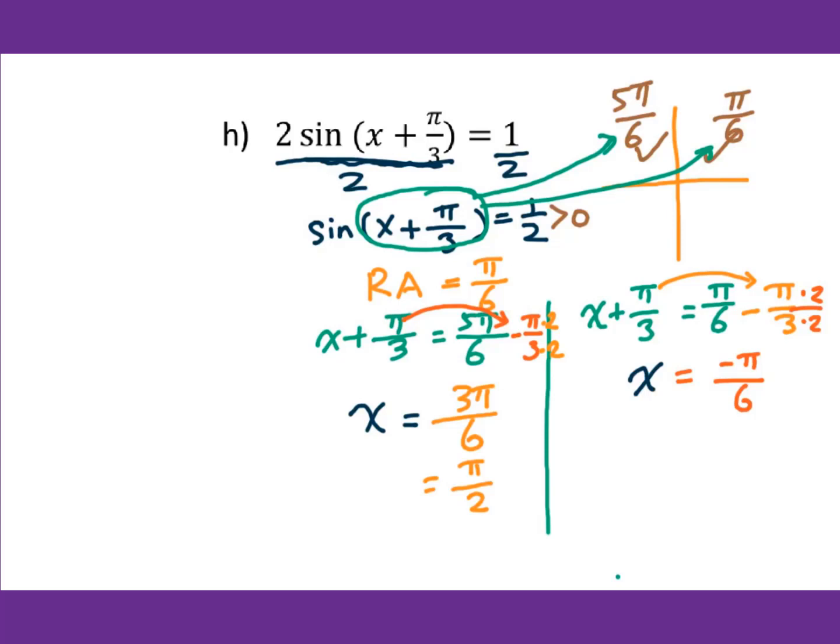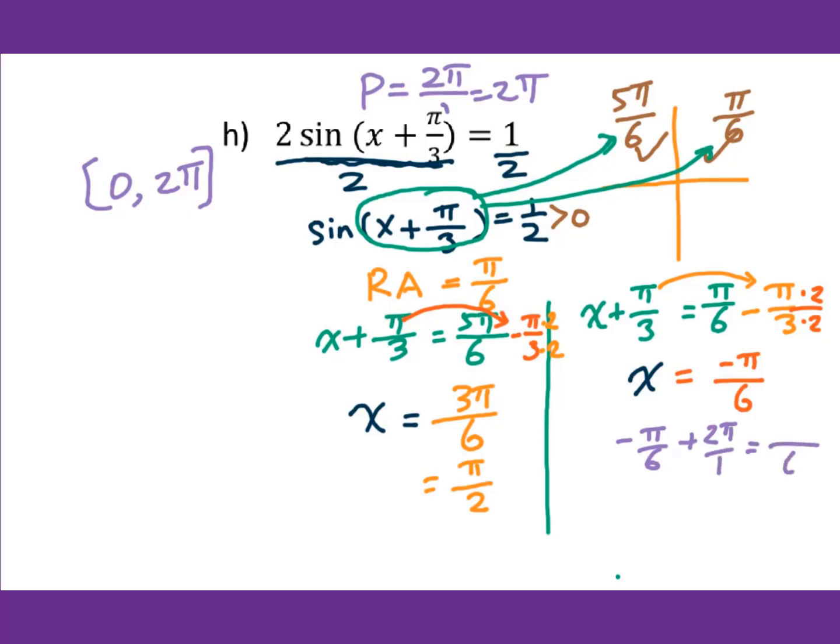Since x equals negative pi over 6 is not between 0 and 2 pi, we need to add its period so that we can get from 0 to 2 pi. We know the period is 2 pi over b, that's 2 pi. So for negative pi over 6, I add 2 pi.